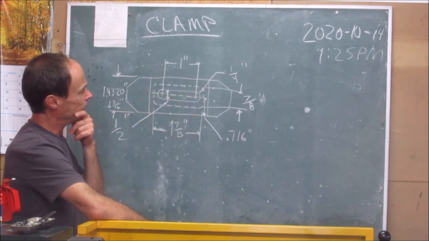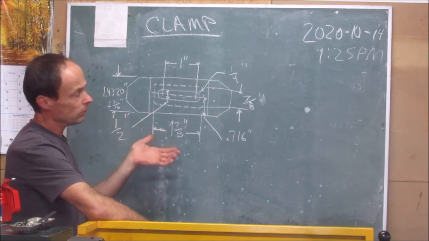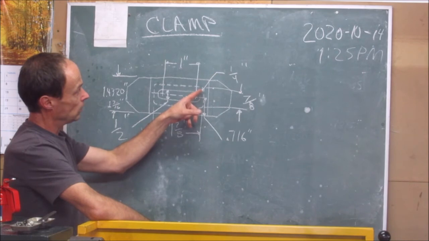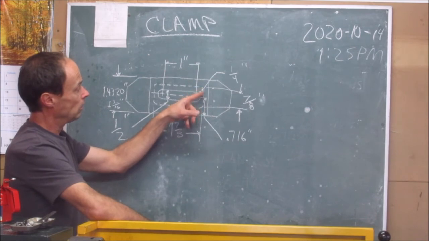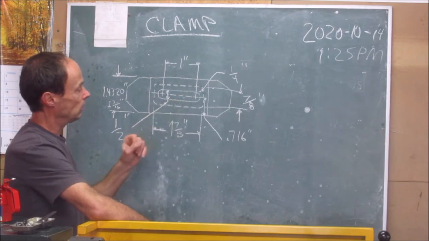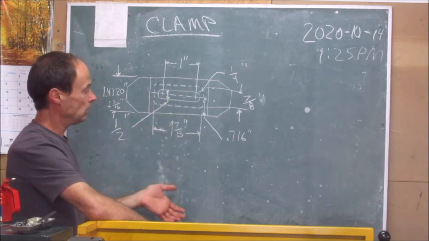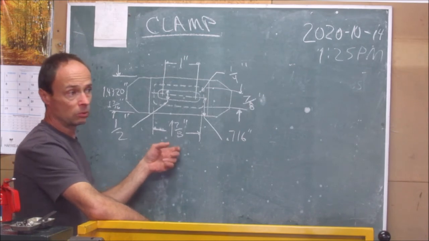Is it not? I think that's what it is. If the radius is a 1/2 inch, it's all done with a 1/2 inch end mill. Okay? So that's what I'm going to do right now.